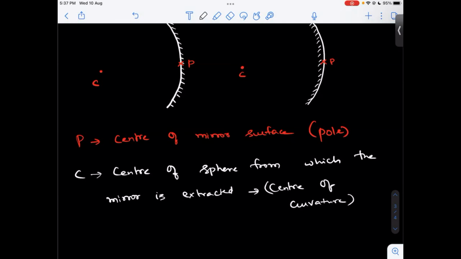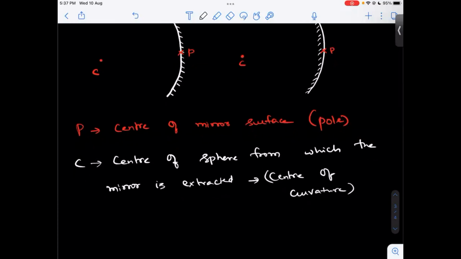The center of the sphere from which the mirror is extracted is called the center of curvature.